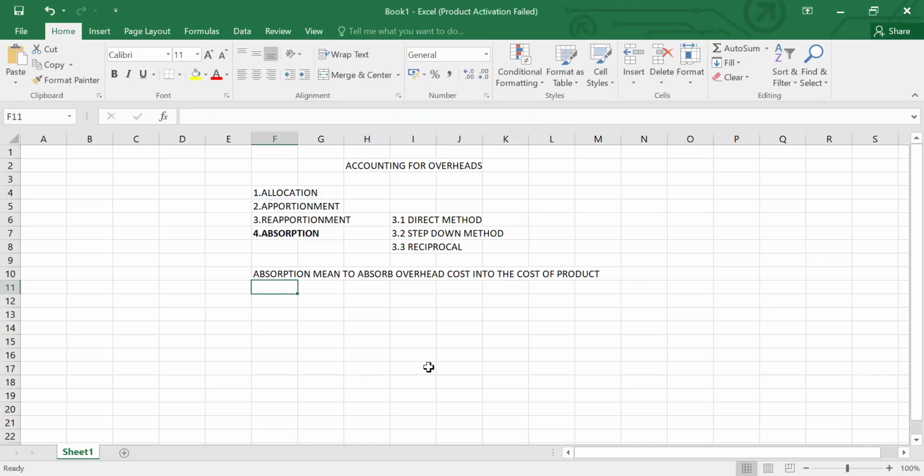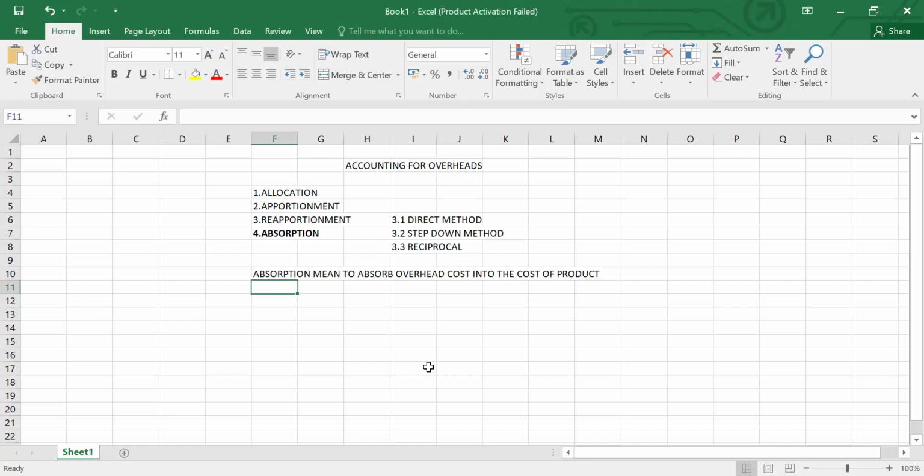So at the absorption level, this is the last stage of overhead accounting. And in this, what we basically do is allocate, or distribute, the cost of a production department into the cost of product.